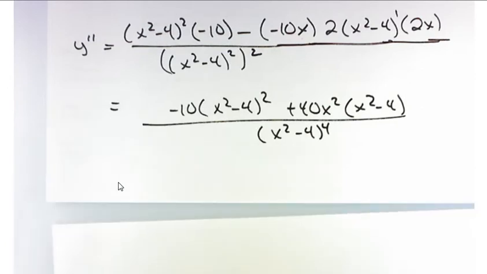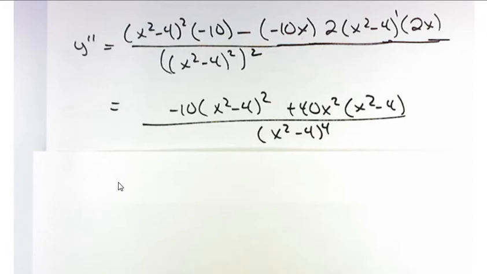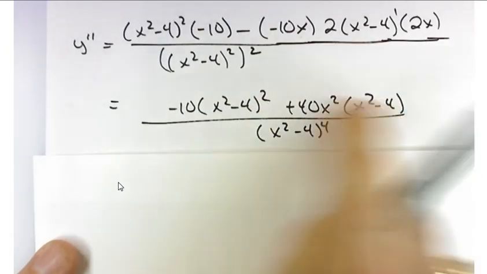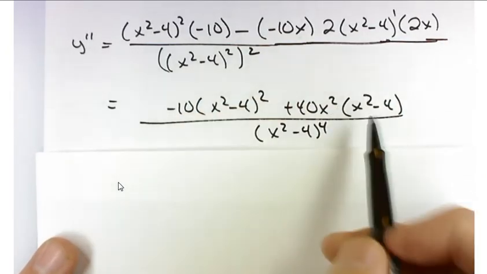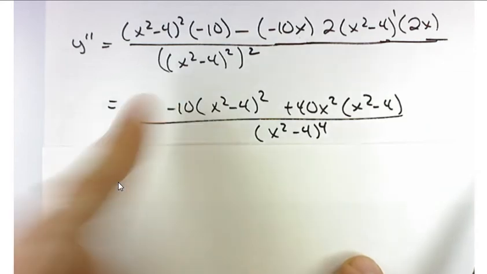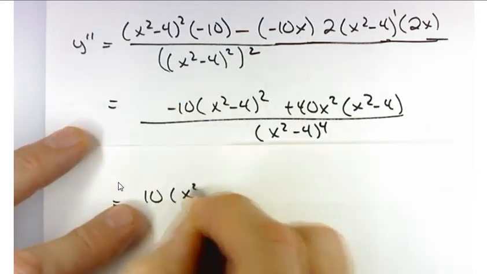Let's keep going. We still need to do a little bit more cleaning up with the numerator. Let me suggest you do it this way. Let's factor out the greatest common factor in the numerator. What can I pull out of the numerator? x squared minus 4, and let's also pull out maybe the 10. So I'm going to pull out 10 times x squared minus 4.